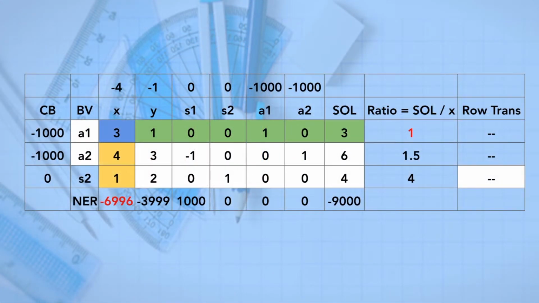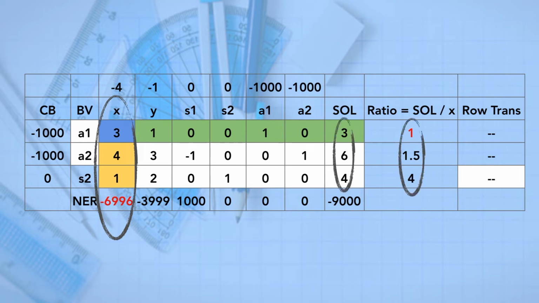Since the most negative element of the NER corresponds to x column, x is the entering variable. Now, dividing the SOL elements by the corresponding elements of the x column, we get 1, 1.5 and 4. Hence, the minimum ratio is 1, which corresponds to a1 row. Therefore, the pivot element is 3.